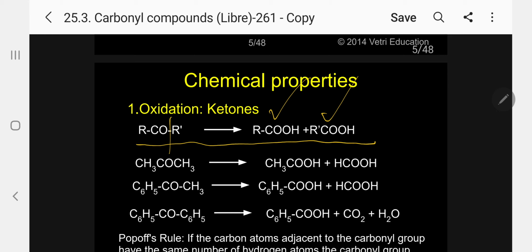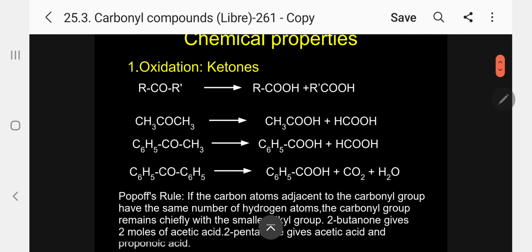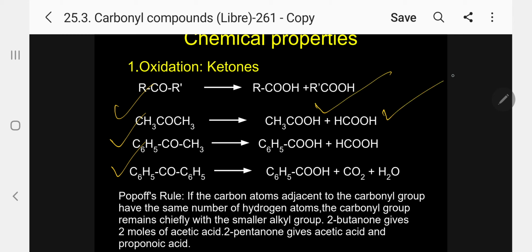As specific examples per our syllabus, take acetone, acetophenone and benzophenone. Acetone undergoes oxidation to produce acetic acid and formic acid, whereas acetophenone gives benzoic acid and formic acid. Diphenyl ketone, that is benzophenone, gives benzoic acid, carbon dioxide and water.